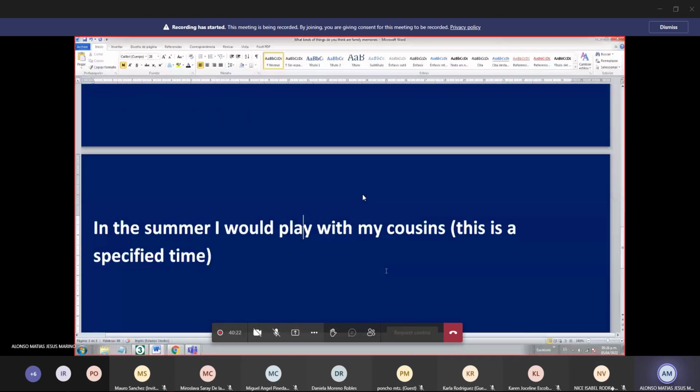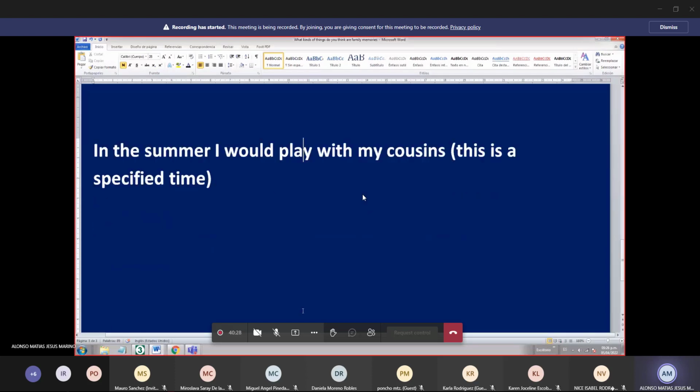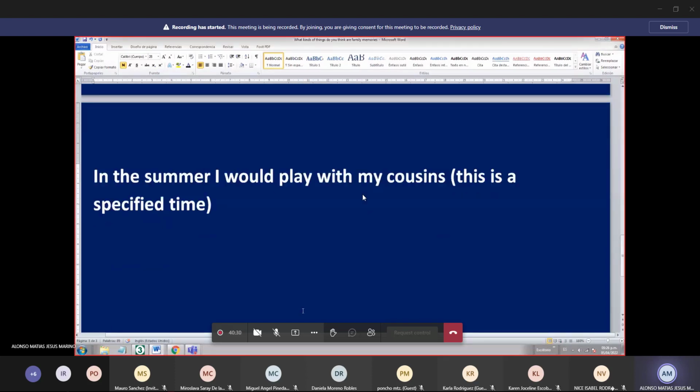But don't worry about that. You are going to feel the difference one day. And teacher, would doesn't have a meaning of future. Would is used in another tense, but in this case, we are not dealing with that.